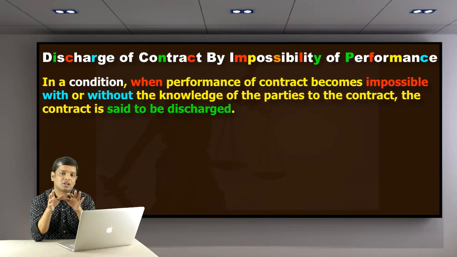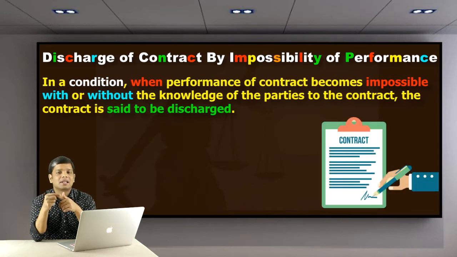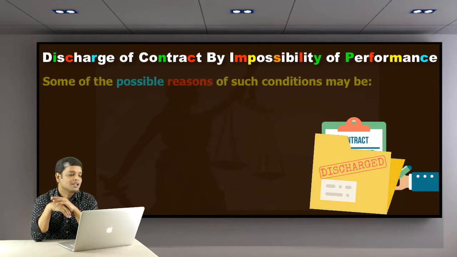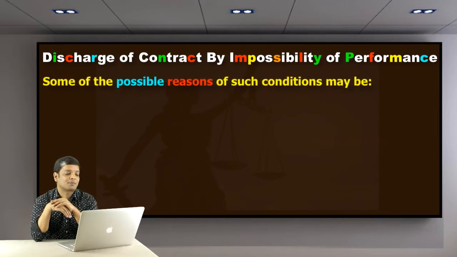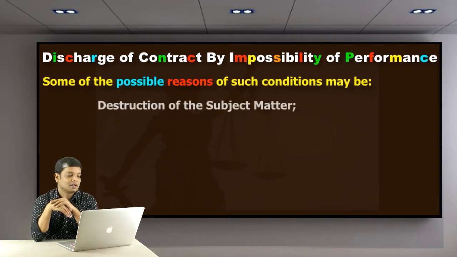In both conditions, if performance of that obligation created through the contract becomes impossible, then the contract is said to be discharged. Some of the possible reasons of such conditions may be destruction of the subject matter.